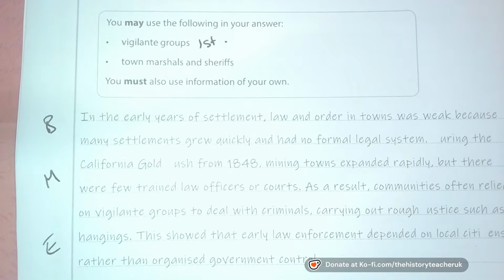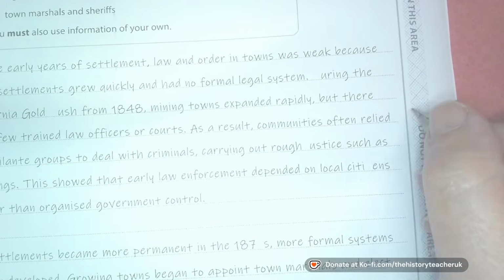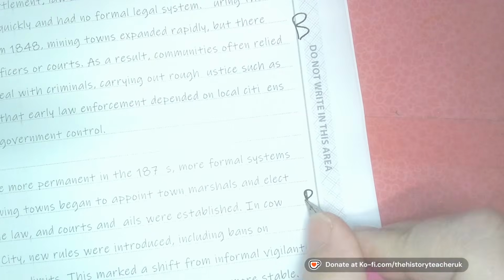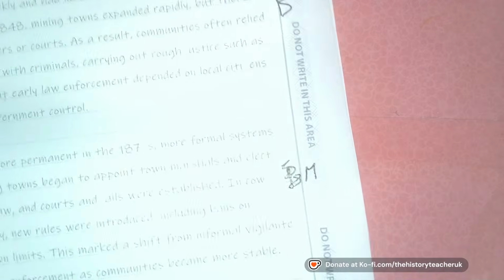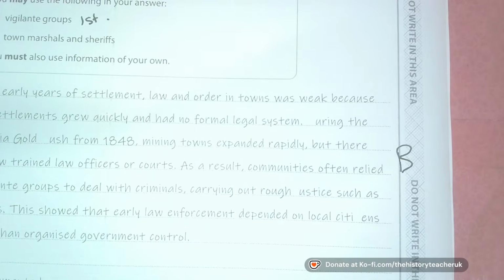Our whole essay is going to have a beginning, a middle and an end, but also our paragraphs are going to have a beginning, a middle and an end. That way we make sure the whole thing is in chronological order.